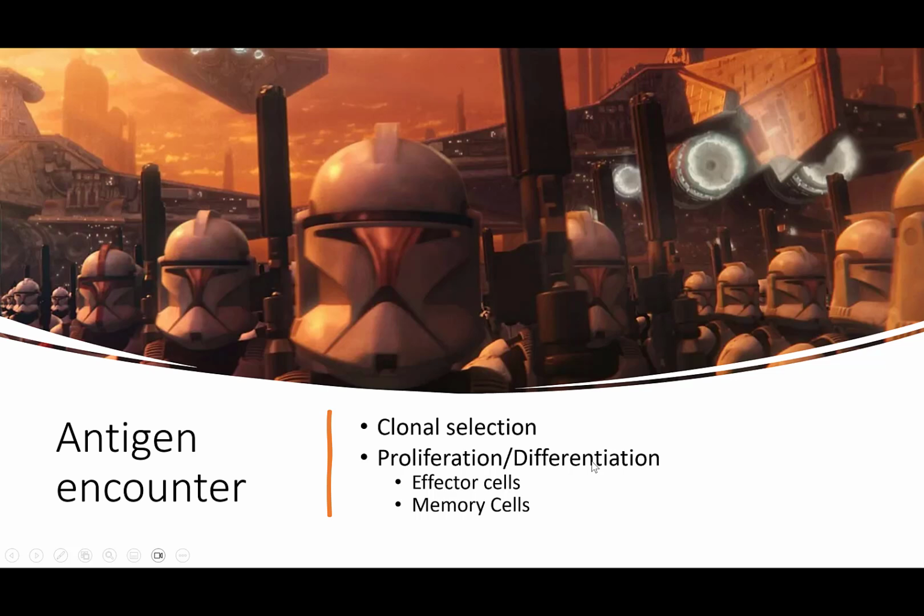Once we produce the active cells and the memory cells, those active cells start to proliferate, and those memory cells start to proliferate. So we get lots and lots of effector cells that are ready to fight right now, and lots and lots of memory cells ready to fight later.